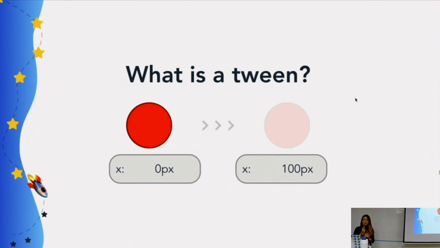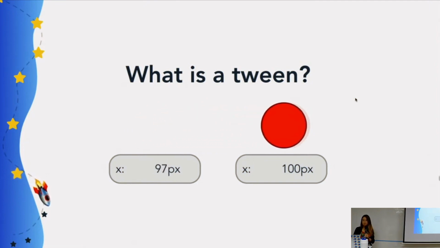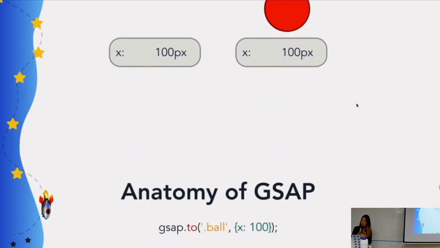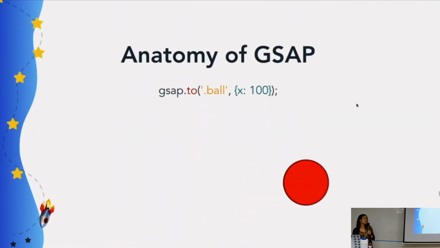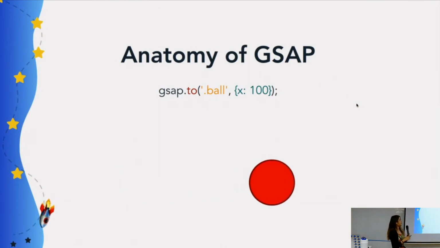In this case, it's pretty trivial because you might say, well, to get from 0 to 100, all you have to do is do 1, 2, 3, 4, 5 all the way up. And I would say, yeah, it's pretty simple. And all of the animations in GSAP are based on this super simple concept. So now that we know that, just keep that in mind moving forward because I will be mentioning tweens a few more times. Let's look at some code finally.